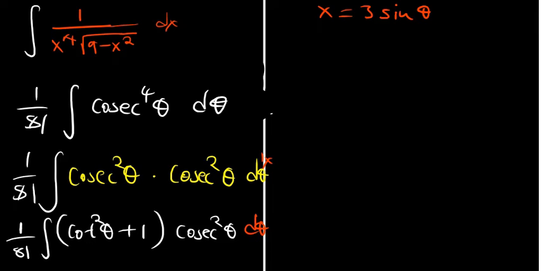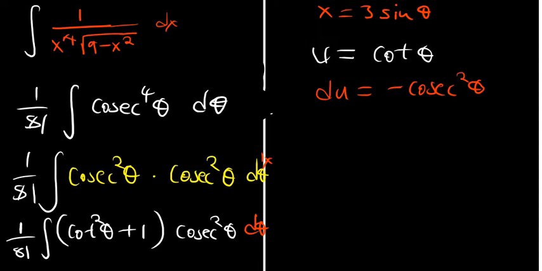We can use another form of substitution. Let's use u. If we let u be equal to cotangent of theta, which is the one that has just come in there, and then we try to determine the derivative of that, our derivative is going to be negative cosecant squared of theta d theta.